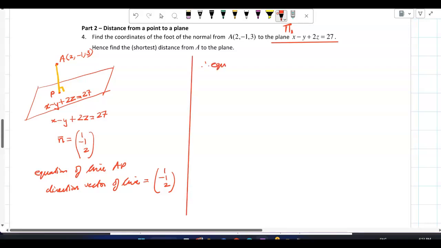The equation of AP is r equals a plus lambda b. What's your a? a can be 2, minus 1, 3. That's the only possibility. Plus lambda b, where b is your direction vector 1, minus 1, 2.